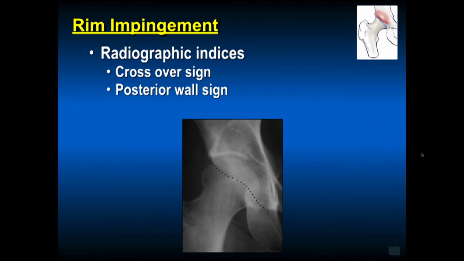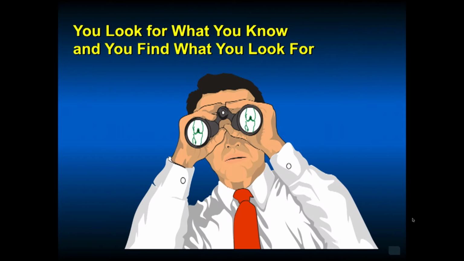And the crossover sign, that's the back of the acetabulum there, indicating the femoral side is okay, and the acetabulum is retroverted, as in a pincer type FAI. Center of the femoral head, and again the acetabular orientation.